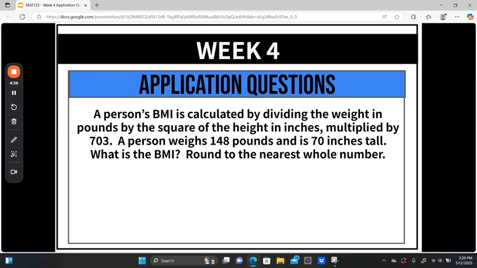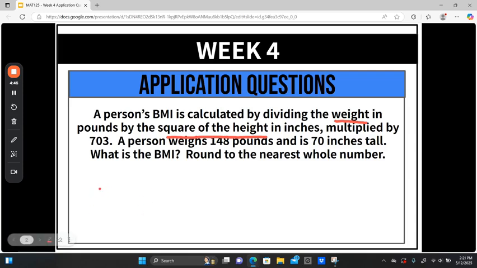Okay, so from the question here, let's go ahead and devise our formula, or our plan of attack, so to speak. So we need to take the weight in pounds by the square of the height and multiply that by 703.